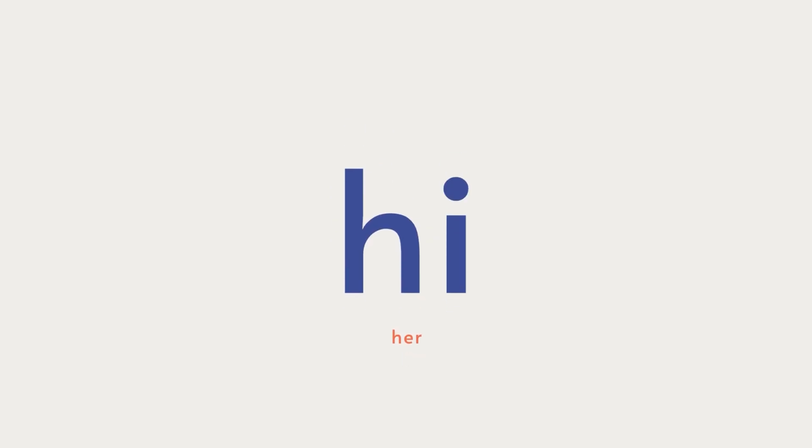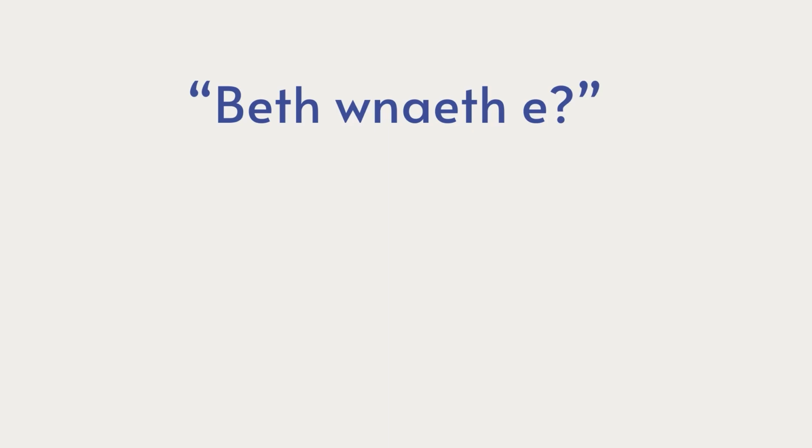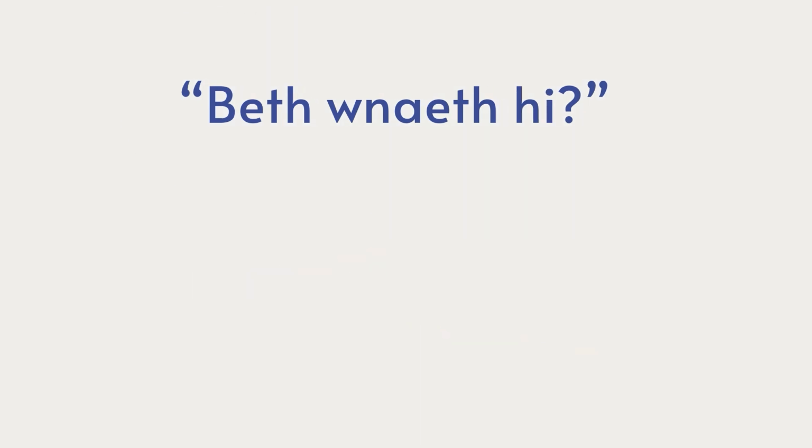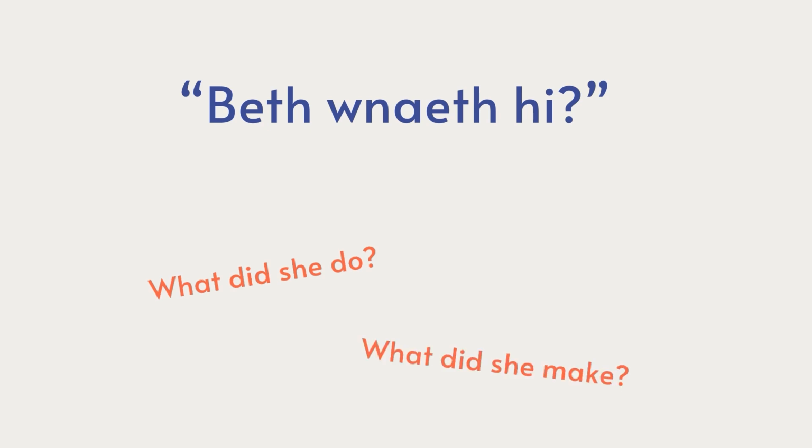Now we'll try a question with fe, him, he, her, or a person's name in it. Beth wnaeth e means what did he do or what did he make? You try it. Beth wnaeth e? Beth wnaeth hi means what did she do or what did she make?